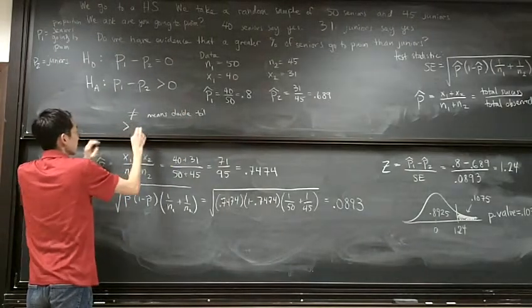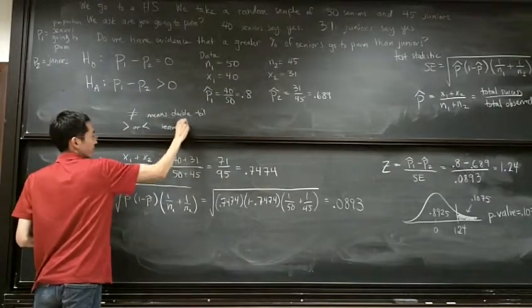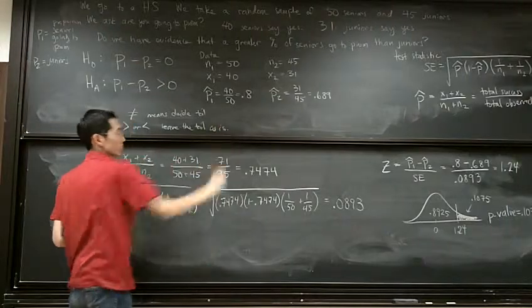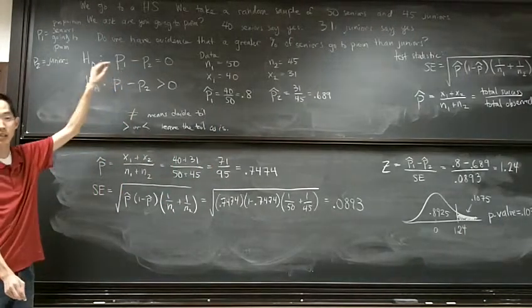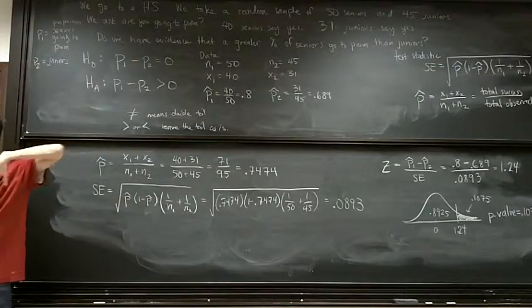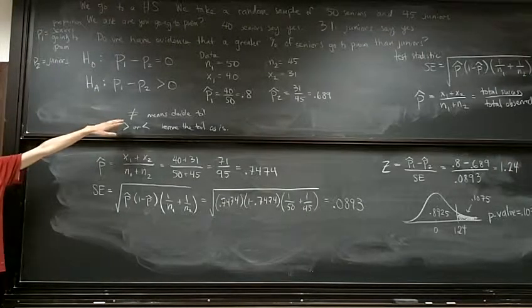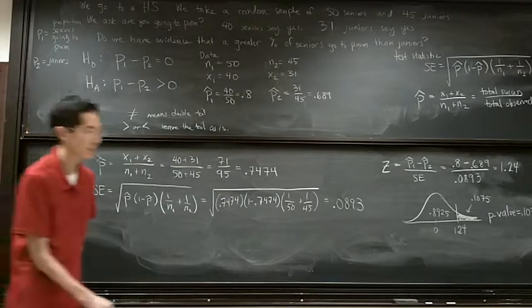Greater than or less than, leave the tail as is. And it all depends on the alternative. The null hypothesis always has an equal sign, so we can't look at that. When we have two tails, when we have a not equal sign, okay? All right, great.